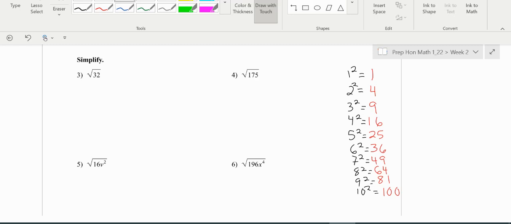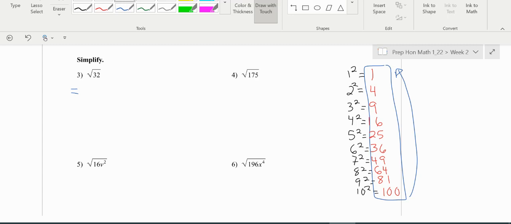So what we're going to do is we are going to use what's called the product property. So what that means is I can break up 32 into two factors where one of those factors is a perfect square. And we usually like to pick the largest. So when I look at this list, we always want to read up the list.